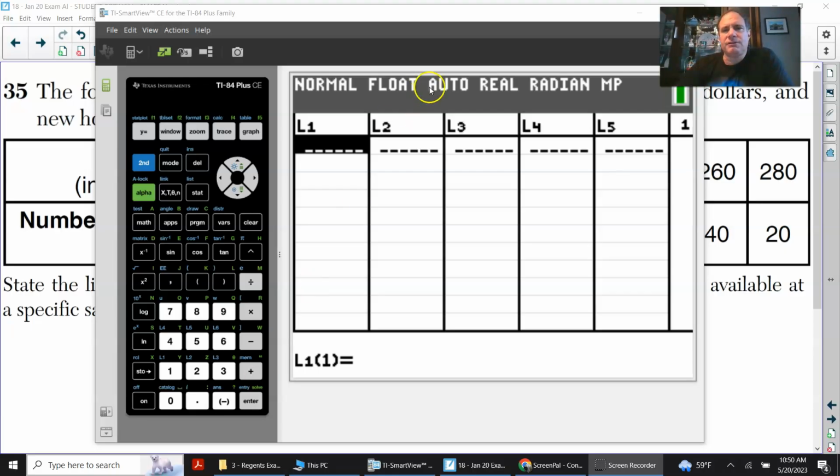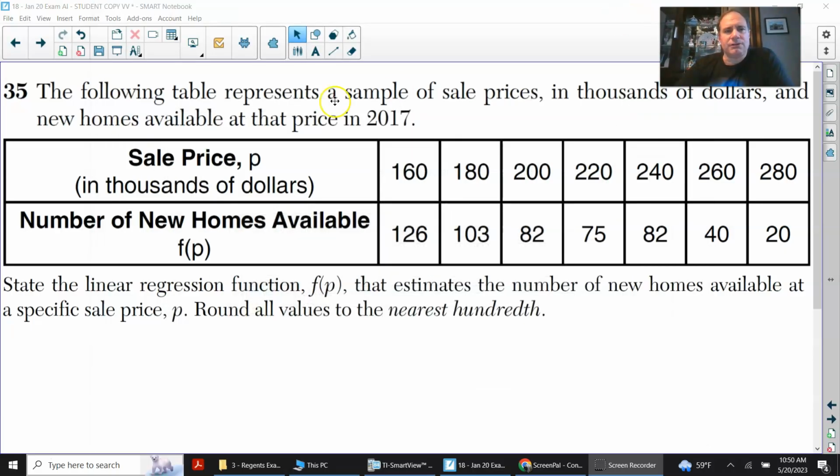So what you have to do is put the top part of the data in as L1 and then the bottom part as L2. All right, so I'm going to put that into my calculator. You do the same, and when we come back, I'll have that all in.